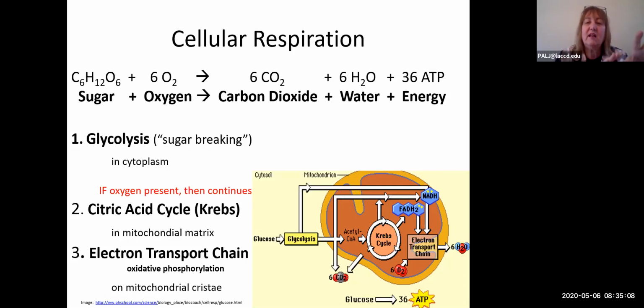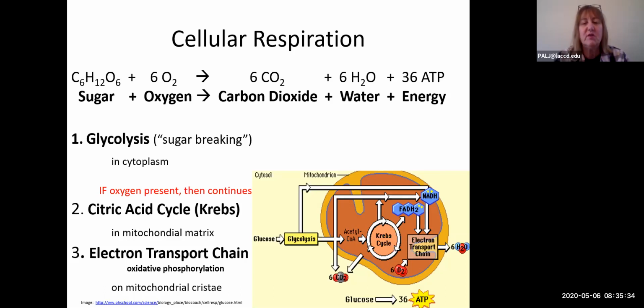So after glycolysis, when those 3-carbon molecules are entering the mitochondria, they're going into the mitochondrial matrix, and that's where the second step occurs, and that is known as the citric acid cycle, also known as the Krebs cycle. And a lot of things go on in that cycle. We don't have to know the minutiae details of that.